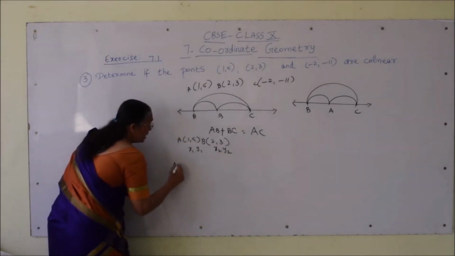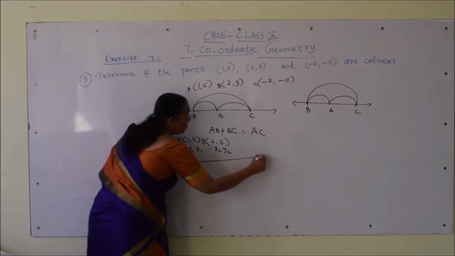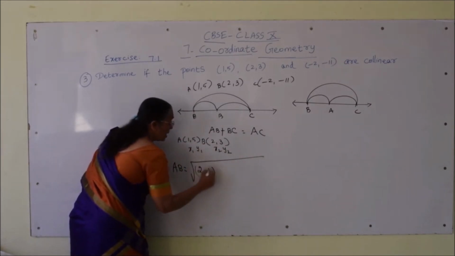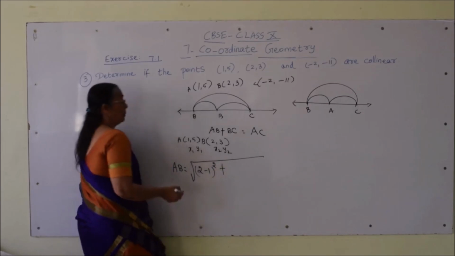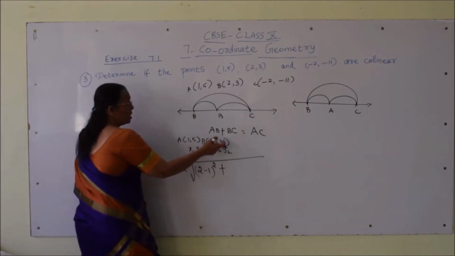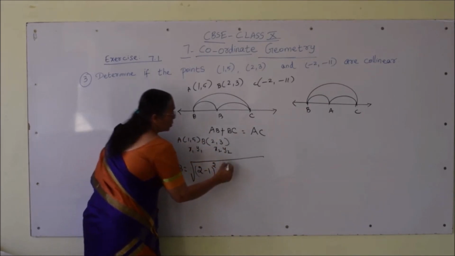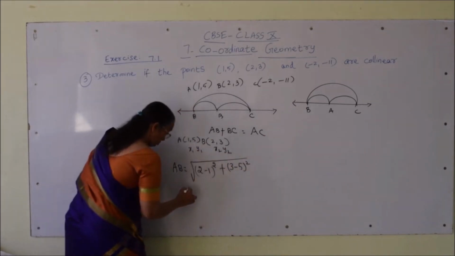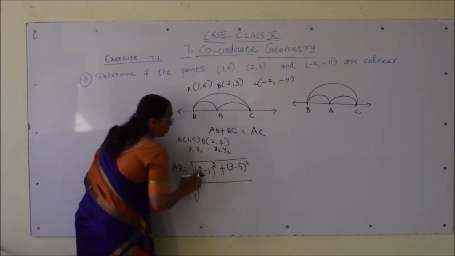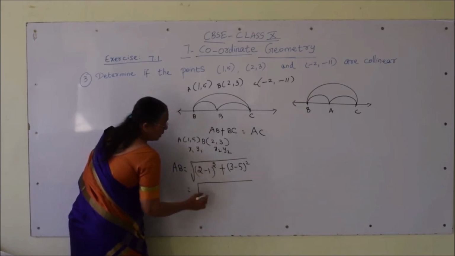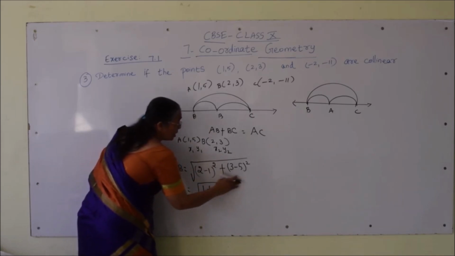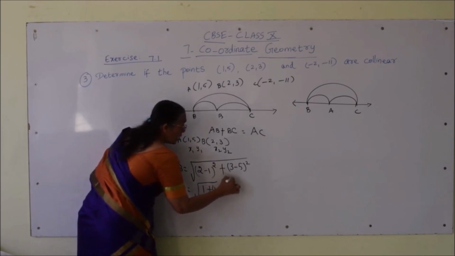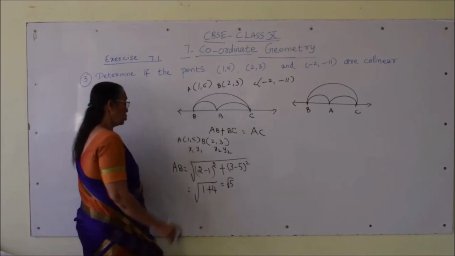Using the distance formula, AB is the square root of (2 minus 1) whole square plus (3 minus 5) whole square. 2 minus 1 whole square is 1 square, 1, and 3 minus 5 is minus 2, whole square, which is 4. So, AB distance is root 5.